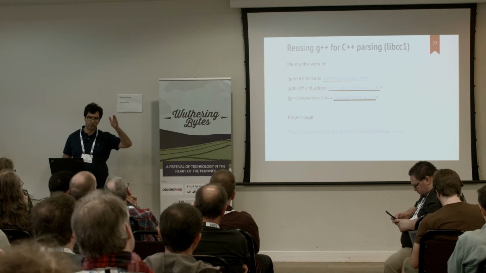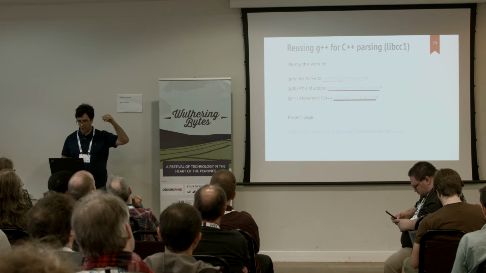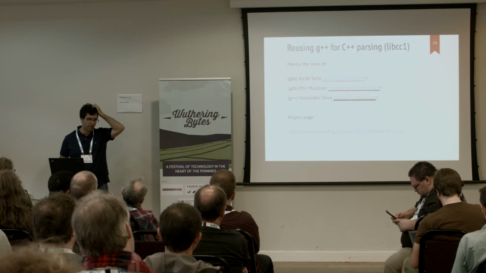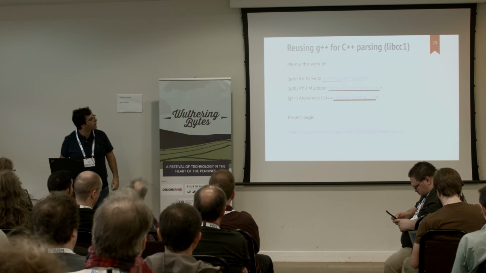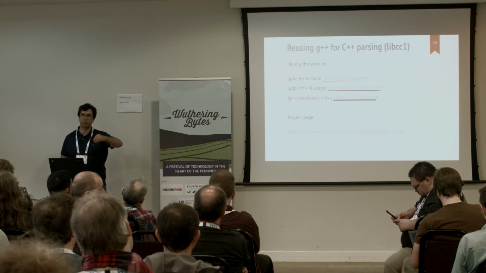There's a C version that allows GDB to use a C compiler. And that's already in master in both GDB and GCC for a while. I'm not sure if it was GCC 5 or 6, but it's already there. And now the work is to make the same thing but for C++.